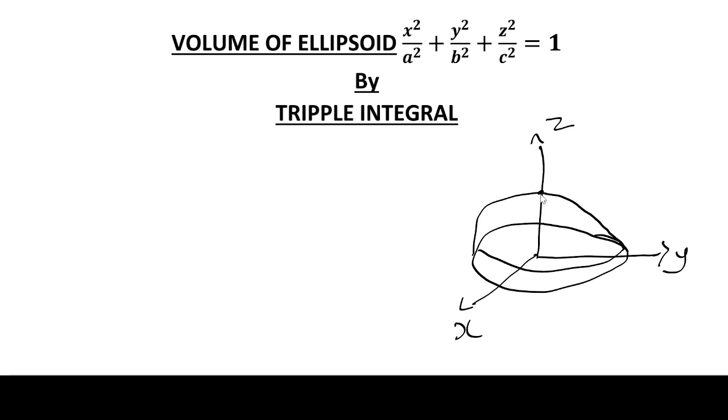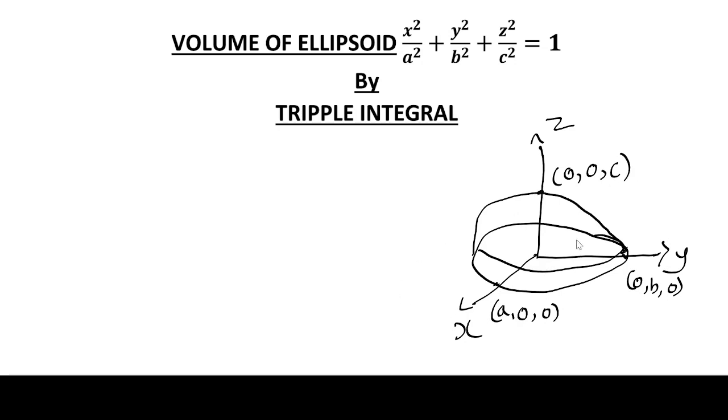Here, this ellipsoid will intersect with each of the axes x, y and z. The point of intersection with x-axis would be a, 0, 0. The point of intersection with y-axis will be 0, b, 0. Similarly, with z-axis it is 0, 0, c.